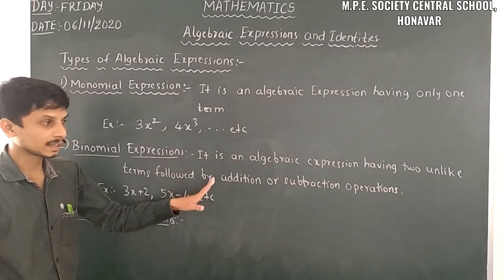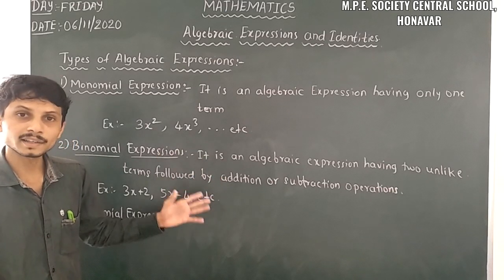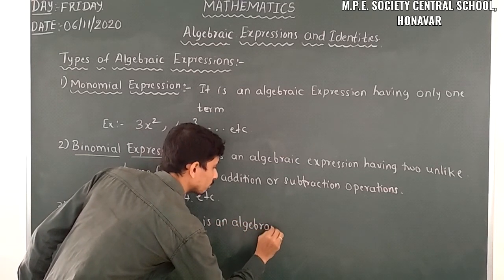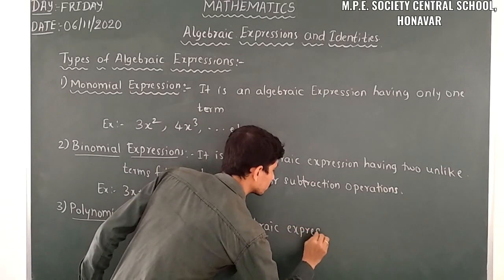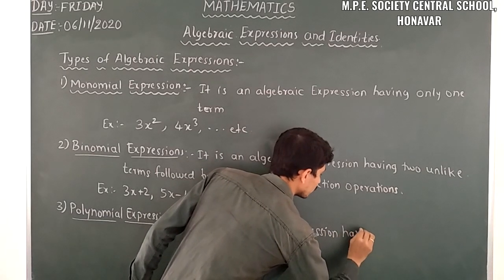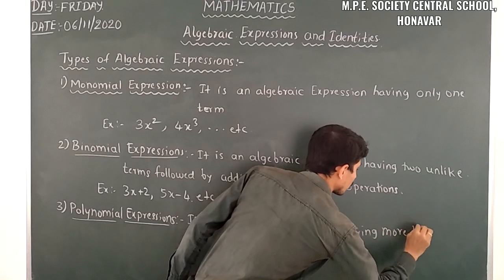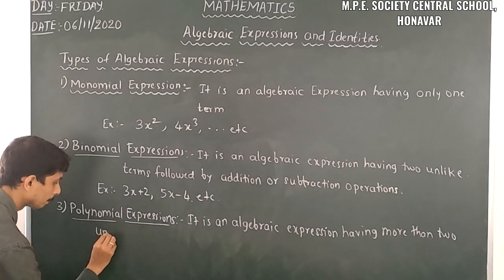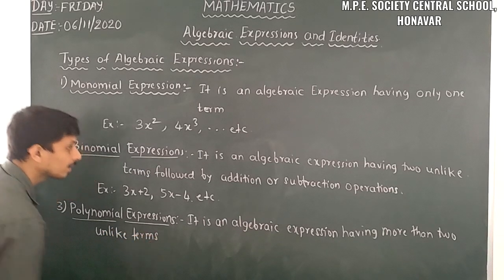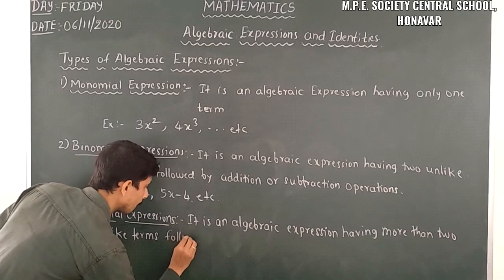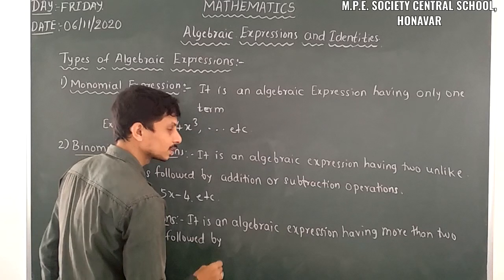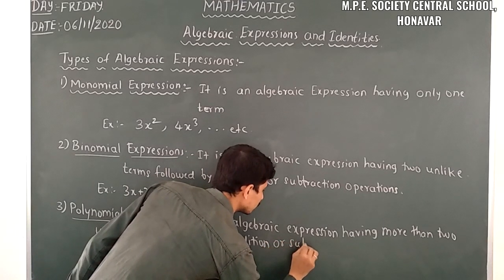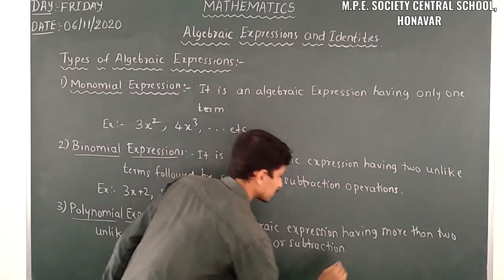It is an algebraic expression having more than two unlike terms and followed by addition or subtraction operations.